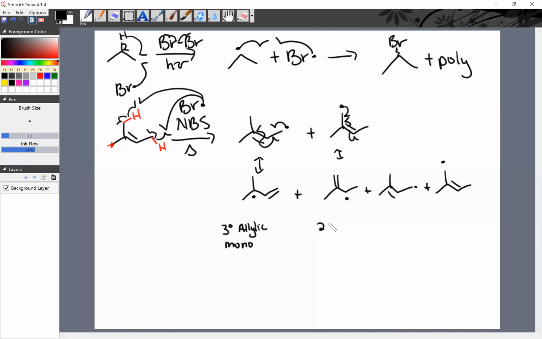I have got secondary allylic and disubstituted, geminal. I have primary allylic and trisubstituted, and I have primary allylic and also trisubstituted.